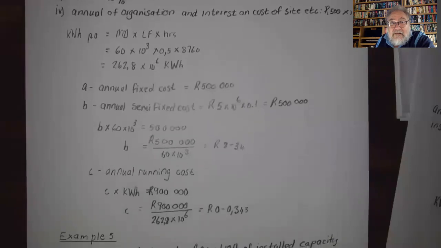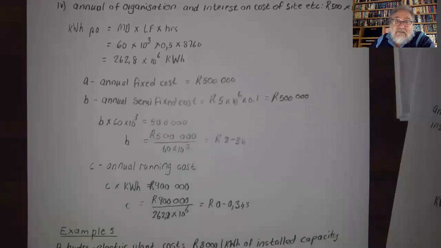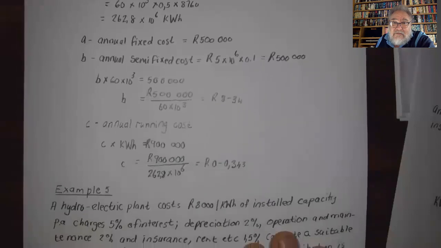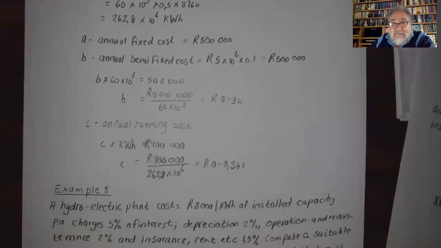So the kilowatt hours per annum is your maximum demand times the load factor times the hours. That gives us 262.8 times 10 to the power of 6 kilowatt hours. Now A is the annual fixed cost, which is 500,000. B is your annual semi-fixed cost, which is 5 million times 0.1, which gives us 500,000.